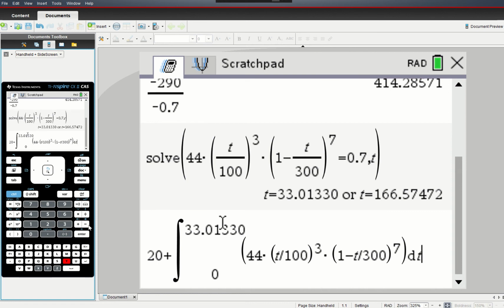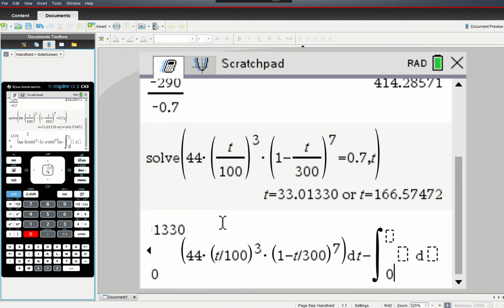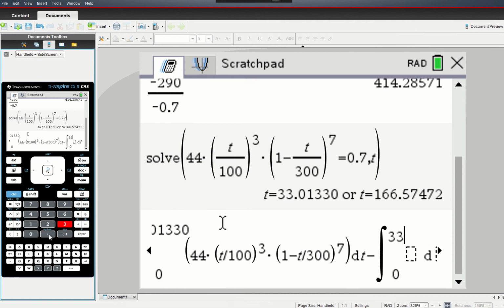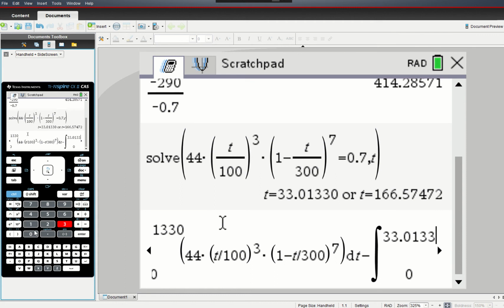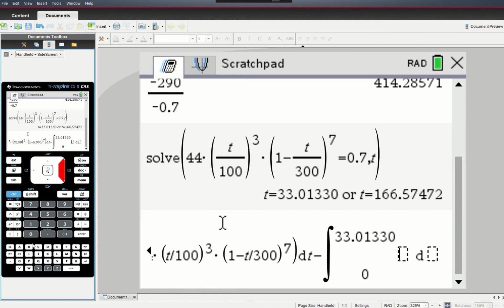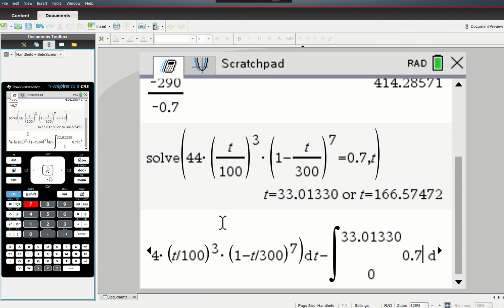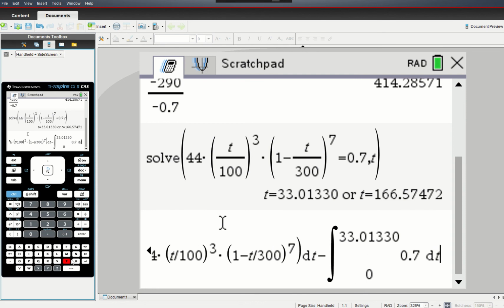And then we have to subtract, whoops, that did not come out the way I wanted to. We're going to subtract the integral, so shift plus, from 0 to that same time, 33.01330 of 0.7 dt.